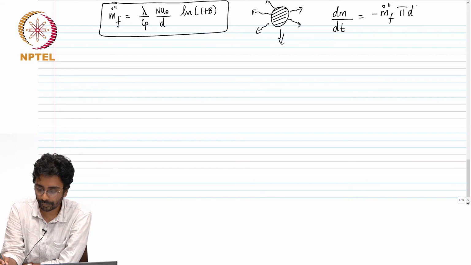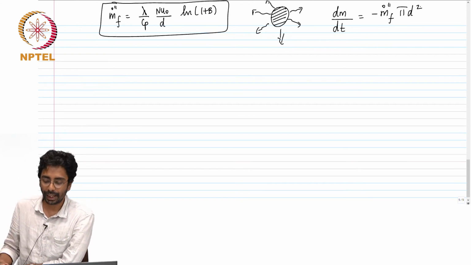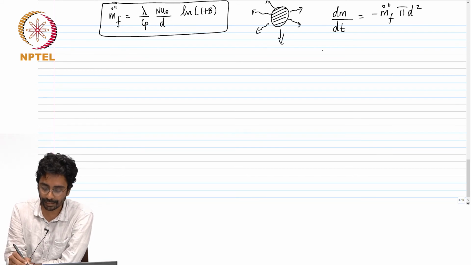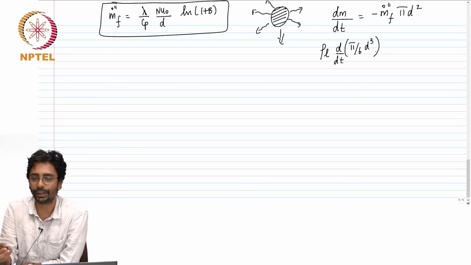We already know the formula for m dot double dash F, and mass we know is density multiplied by volume. So, density is constant rho L and volume is, d by dt of the volume of a sphere, pi by 6 d cube, is minus m dot double dash f pi d squared. Do not confuse the d for the derivative with the d for the diameter.